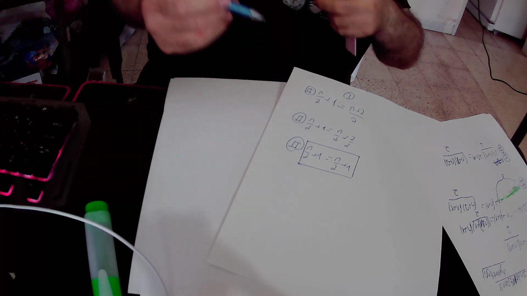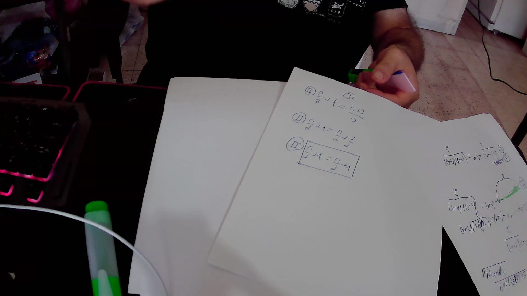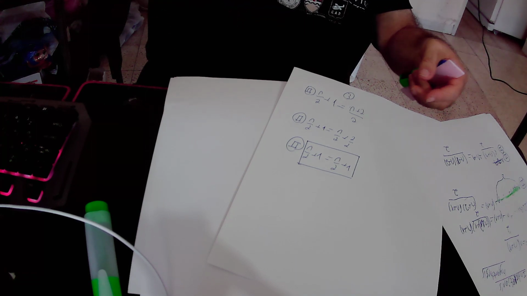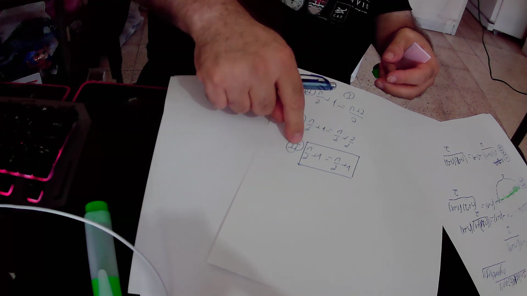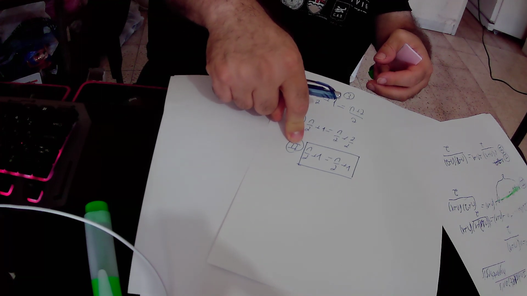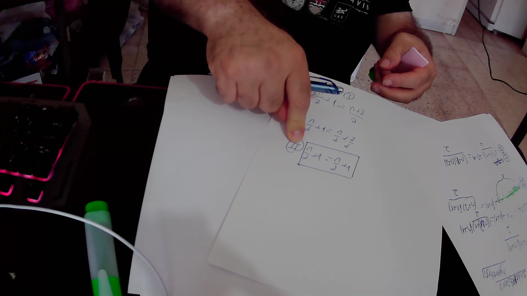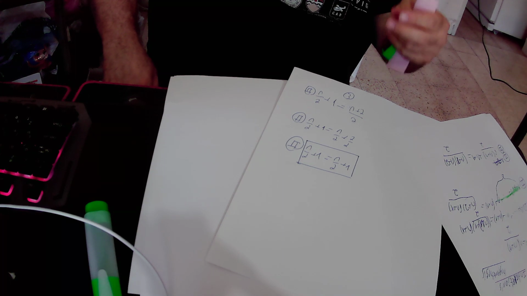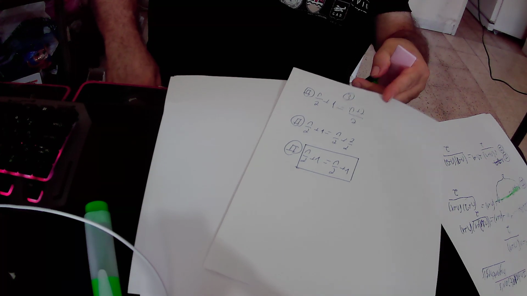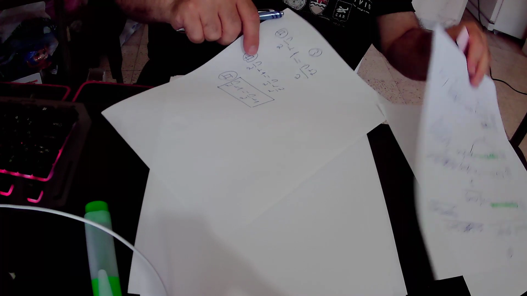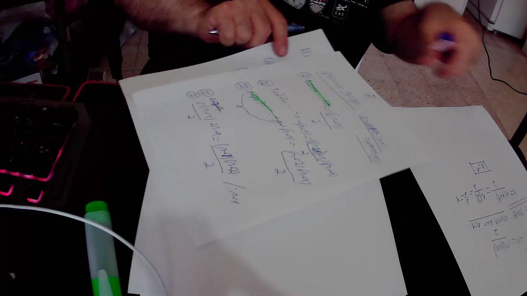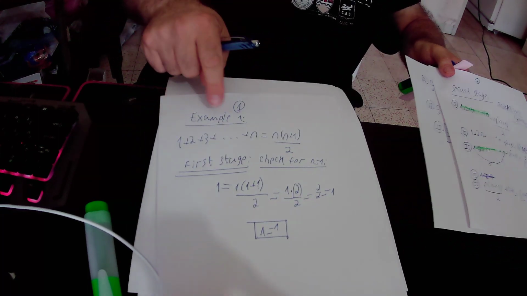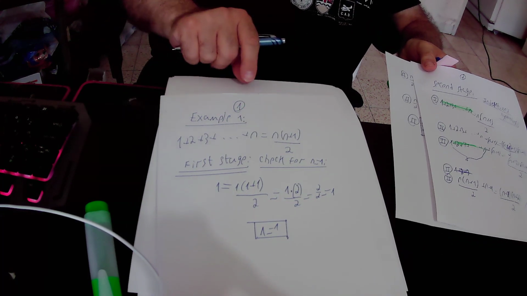So we actually proved that if the statement is true for n, then it must be true for n plus 1. Okay, so in this way, as I've already explained to you, we actually proved that this expression is true for all the natural numbers.